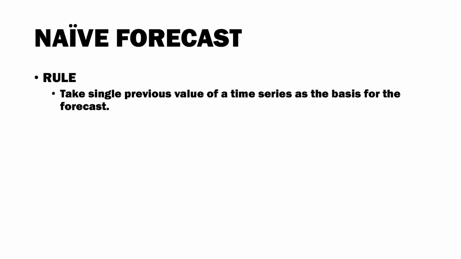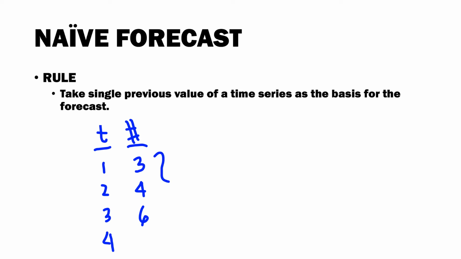All right, the first forecasting method we're going to look at is the simplest, and it's called the naive forecast. As a rule, you take the single previous value of a time series as the basis for the forecasting. So in this case, we have 4 time periods, and we have listed the number of units sold per each time period.